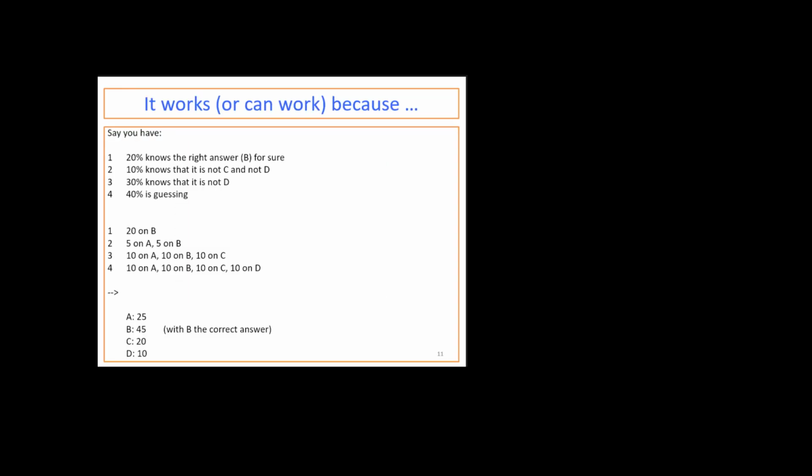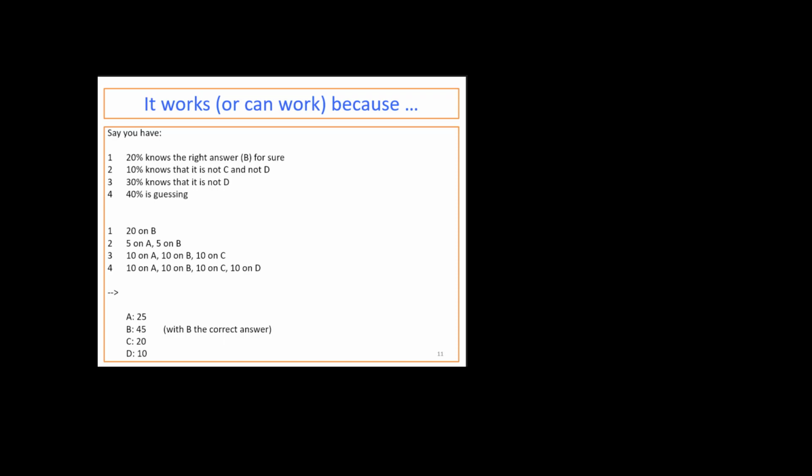Okay, let's see how this works. Even if you have an audience that's not so knowledgeable, they still, on average, can come to the right answer. So we have an audience with four groups. 20% of the audience knows it's answer B, for sure. Then 10% of the audience knows it's not C and not D, so probably it's A or B. Then 30% know it's not D, so they think it's A, B, or C. And 40% are just guessing.